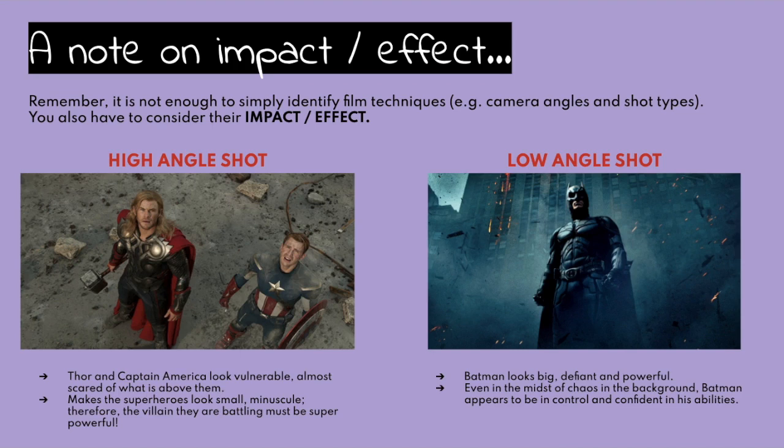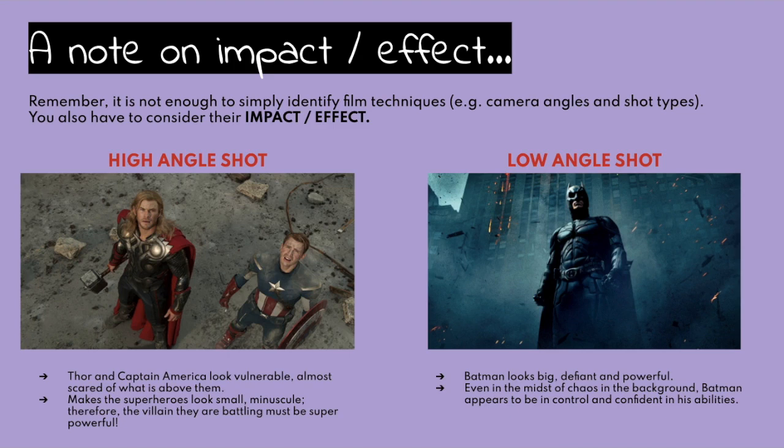We've got 2 different types of camera angles in these stills. One is a high angle shot, and the image that accompanies it is from the Avengers. And the other is a low angle shot, and we've obviously got a picture of Batman accompanying that angle. In the high angle shot, we see that Thor and Captain America look really vulnerable.